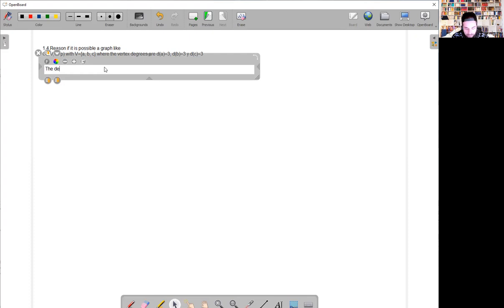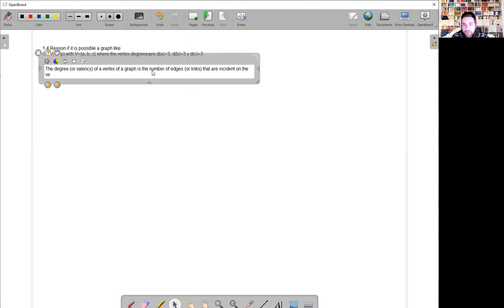The degree, or valency, of a vertex of a graph is the number of edges or links, it is the same thing, that are incident to the vertex.